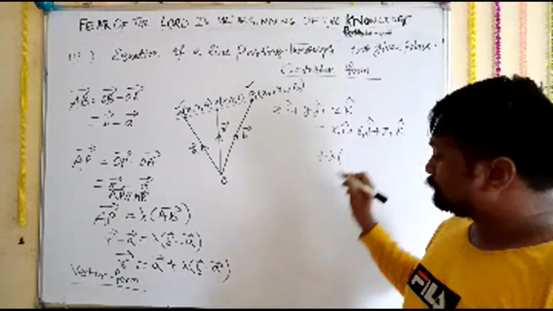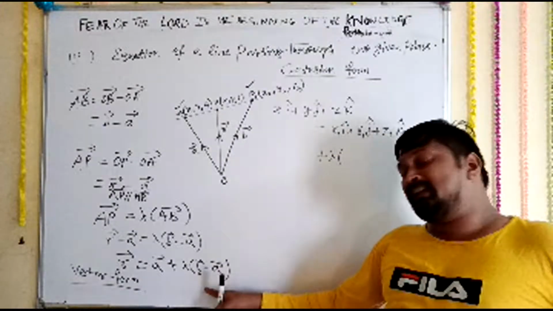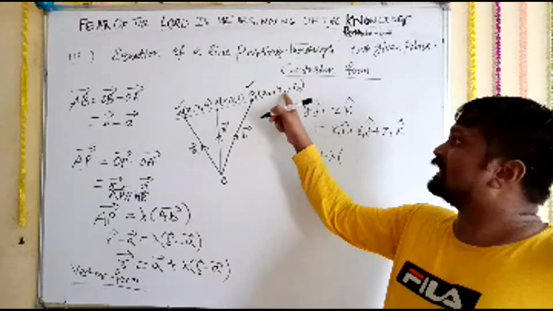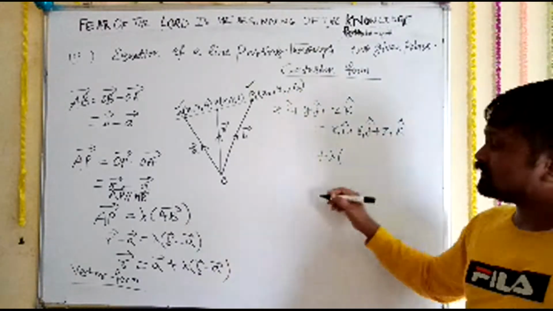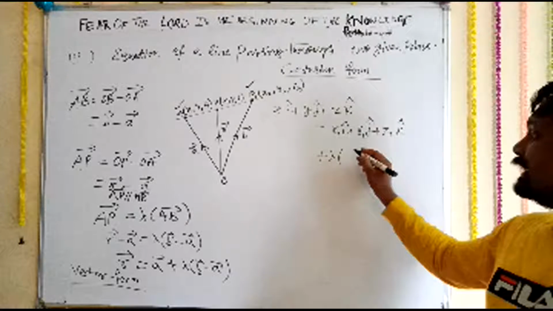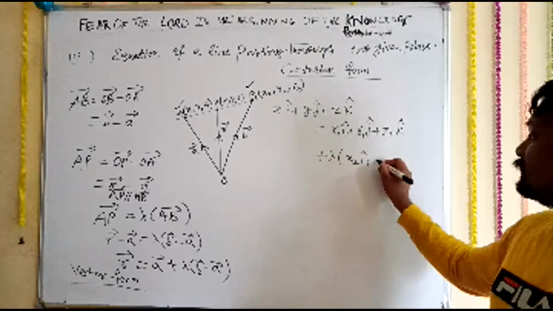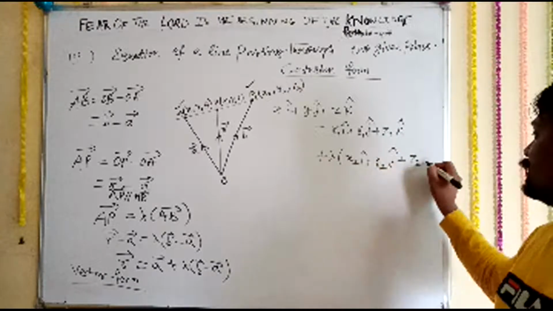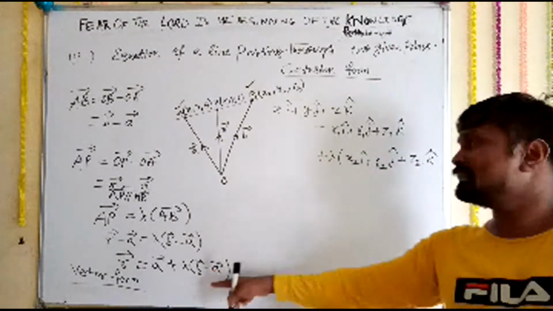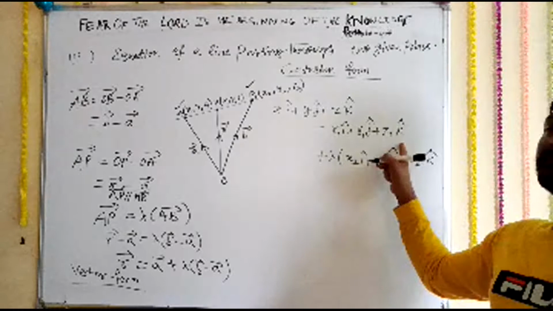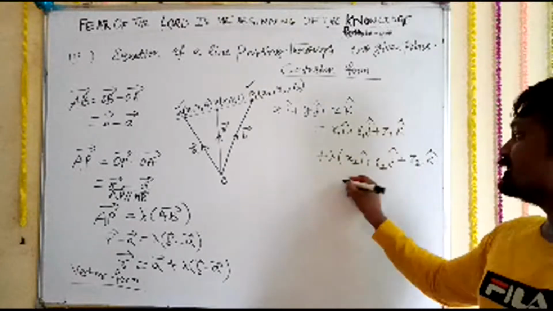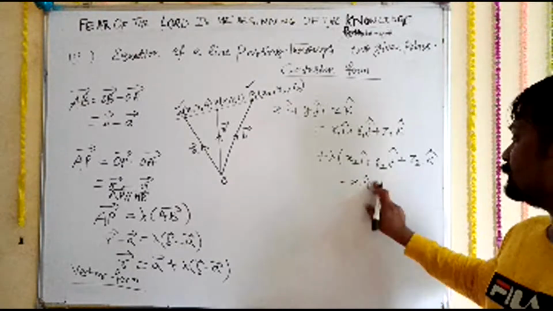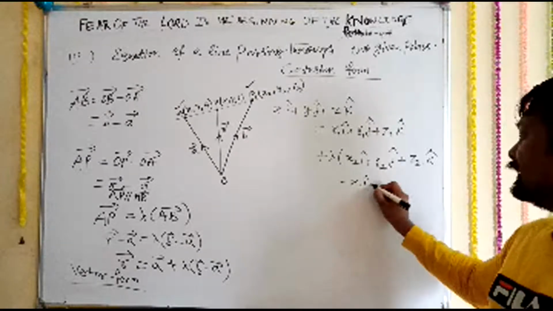What is the B vector here? x2 i cap plus y2 j cap plus z2 k cap. Minus symbol means all pluses become minus, so minus x1 i cap minus y1 j cap minus z1 k cap.